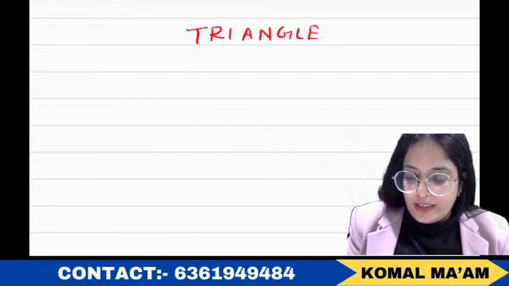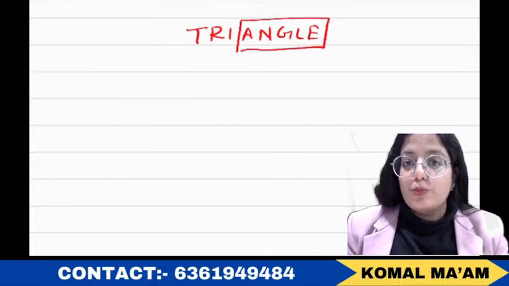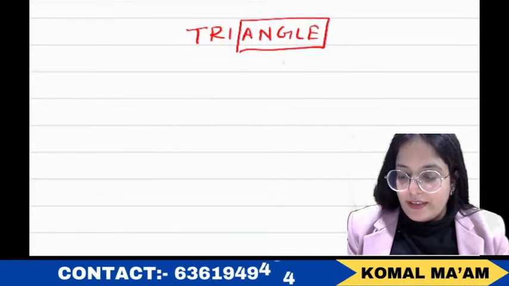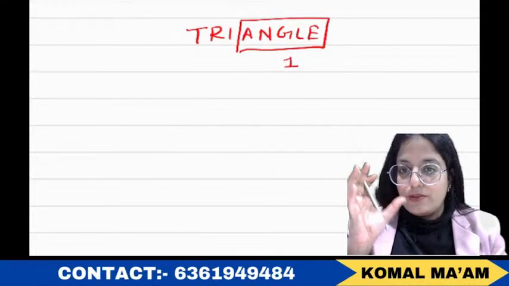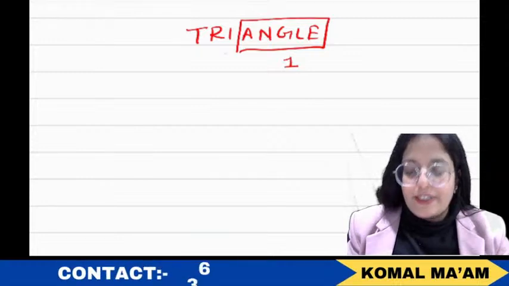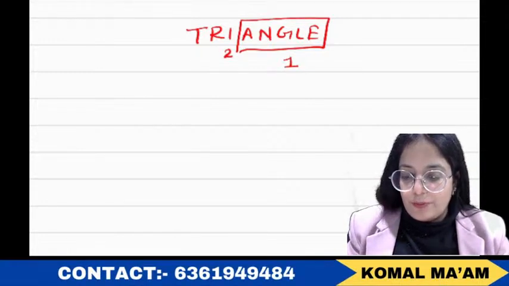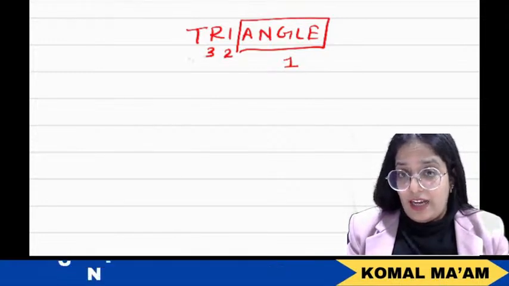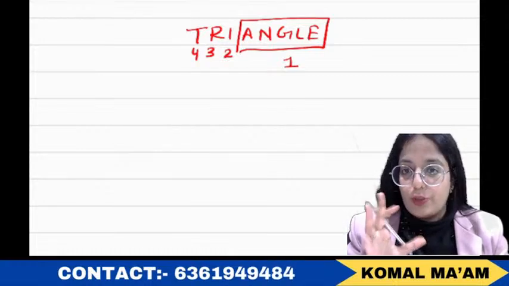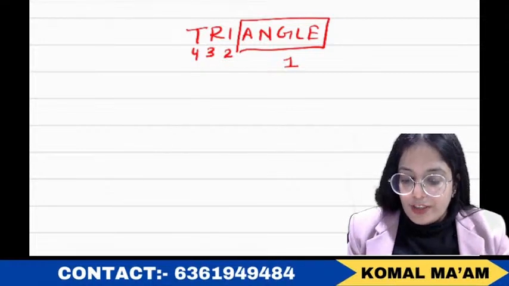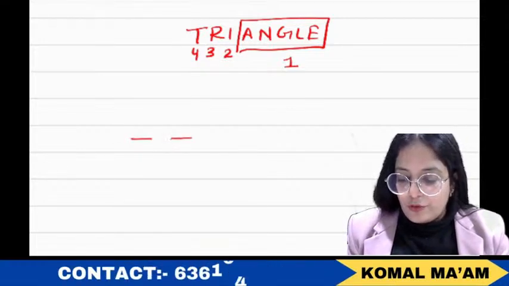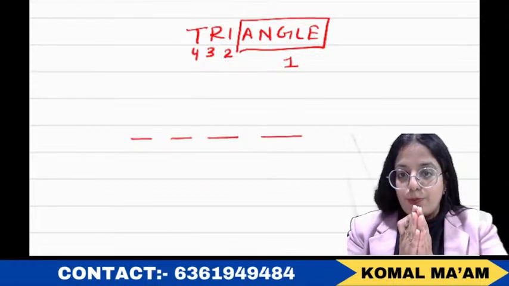Now we want these 5 letters to be together, so we said this is one option. Then this is second option I, this is third option R, and this is fourth option T. Now what we need to do, we need to arrange them. So for arranging, we have 4 places.